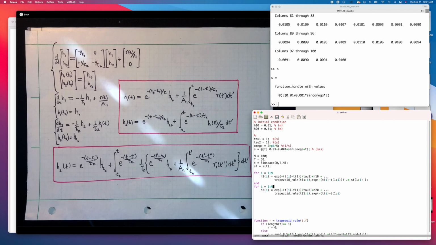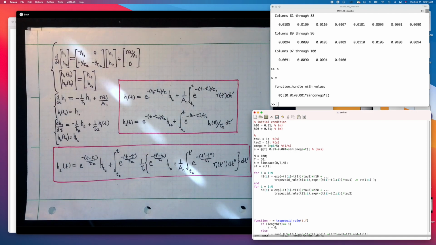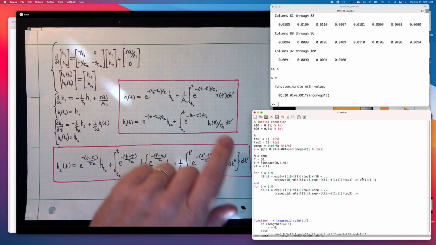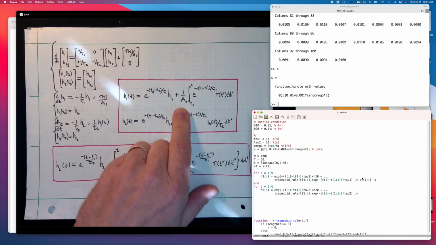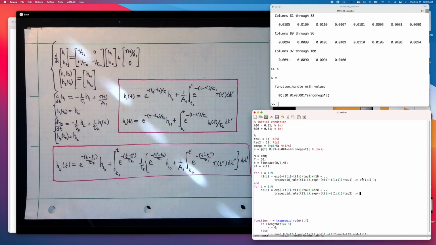Oh, I just noticed an error here. I didn't divide through by tau 1. Tau 1. Yep. Tau 2. Right, there's these tau 2s and tau 1s in the form of the solution. Dot star, and what used to be st, the value of s, which was r over a1, now I want h1 over tau 2. So this will be h1 from 1 through i divided by tau 2.